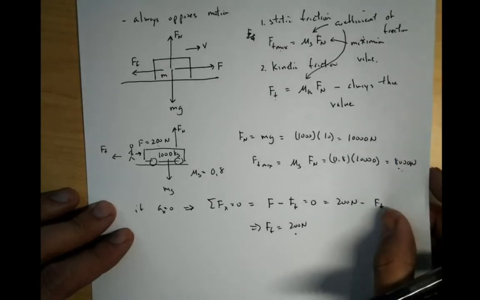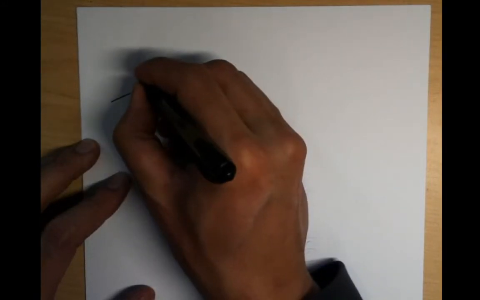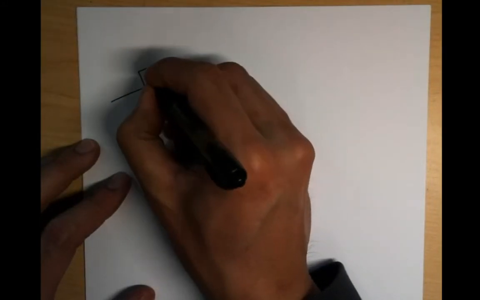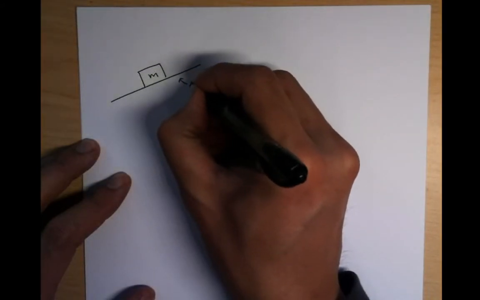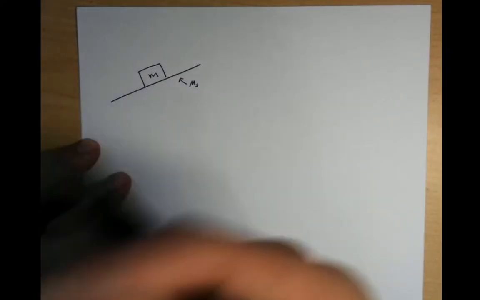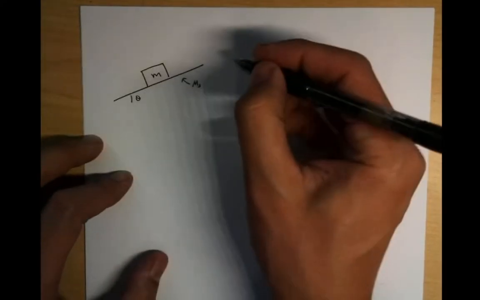In order to see this in greater action, let's look at some simple cases. The first thing is to consider a plane like this, and you put a mass up here. This surface has a mu sub s, which is some value, but you may not know this value, and an angle theta.